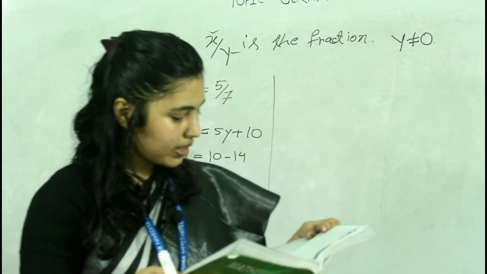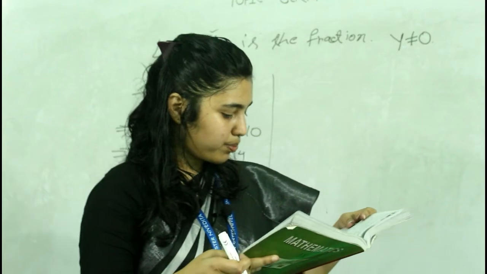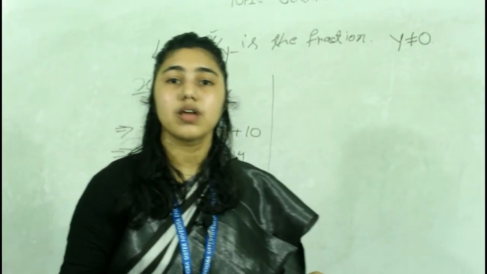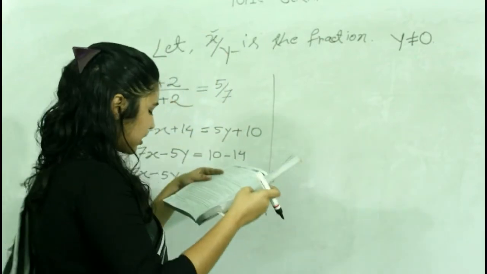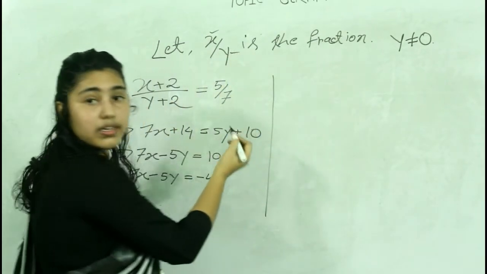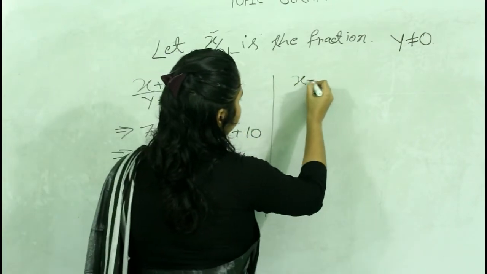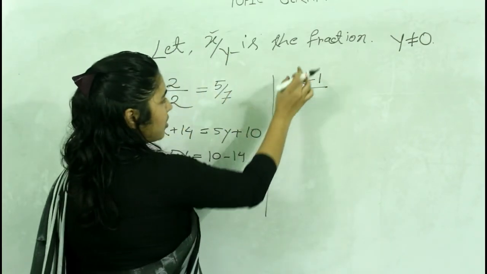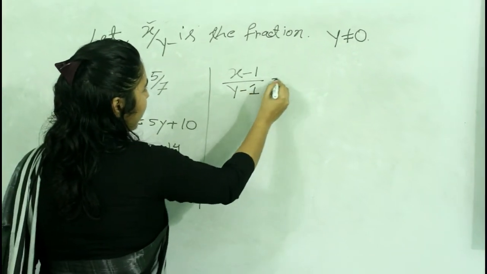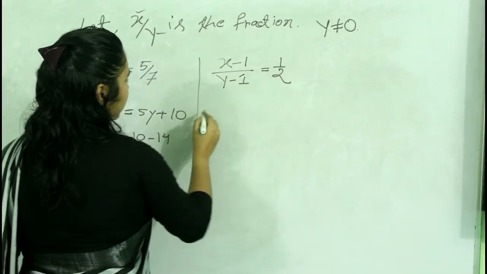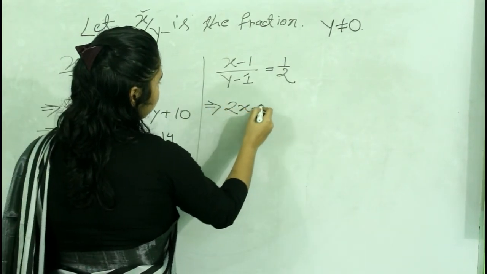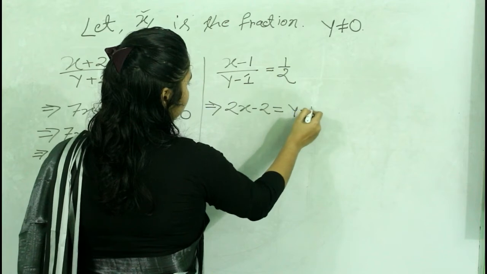And if 1 is subtracted from both the numerator and denominator, the value of the fraction becomes half. So, in our next step, subtract 1 from both numerator and denominator. So, subtract 1 from numerator, that's why (x minus 1)/(y minus 1) is equal to half. Again cross multiply both sides, which is 2x minus 2 is equal to y minus 1.